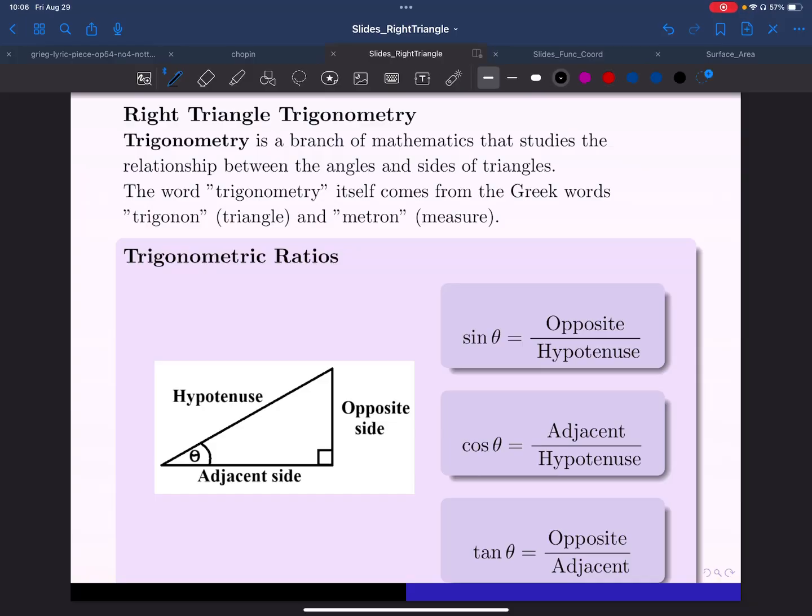In shortcut, sine is opposite over hypotenuse, cosine is adjacent over hypotenuse, and tangent is opposite over adjacent.